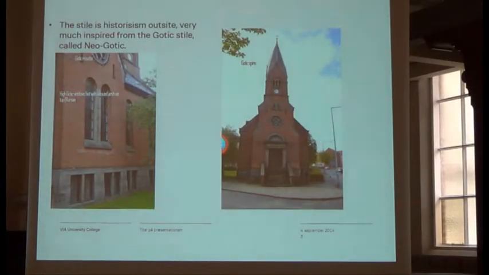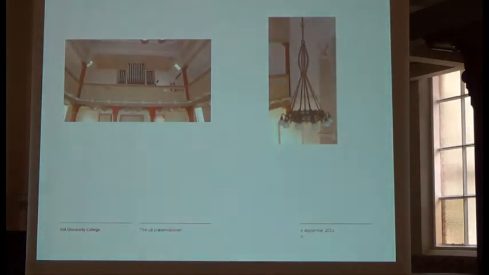But then it's a funny thing, because it's a total other thing that you see when you step into the church. It's a total other style. It's not a Gothic style. It's actually, you could say, a kind of Baroque classicism.